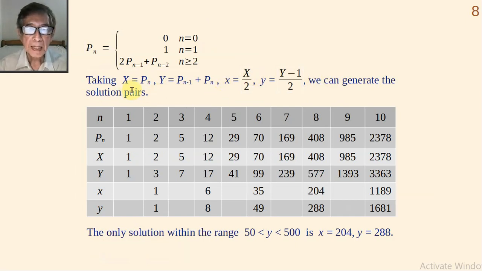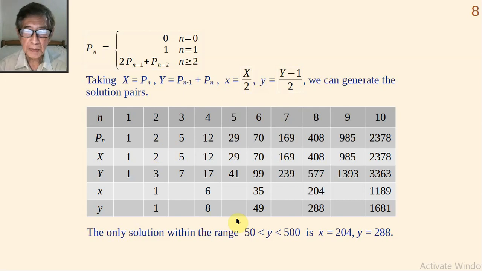So taking X and Y equal to these Pell numbers, we can then calculate the lowercase x and lowercase y, where the lowercase x is the house number and lowercase y is the total houses in the street.